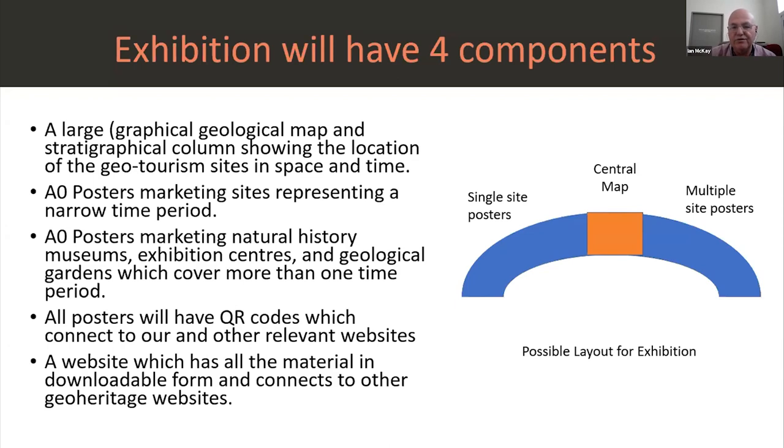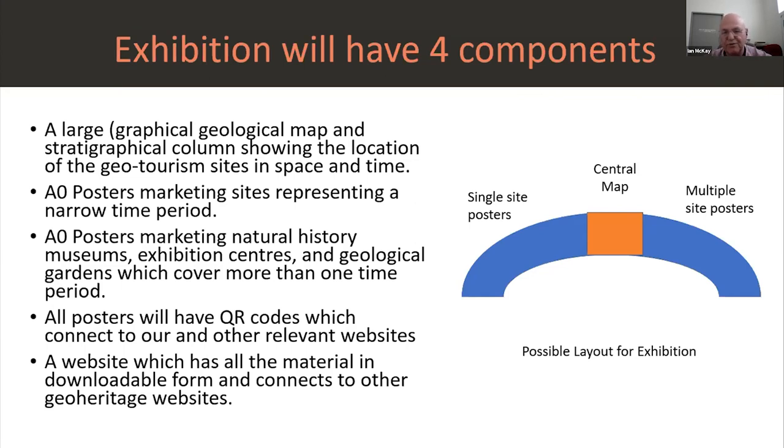With regard to the posters, we see 2 types. Posters representing geotourism sites that represent more or less a single time period or era, and then multiple site posters, like a natural history museum, where they have a variety of exhibits that cover a broad spectrum of times.